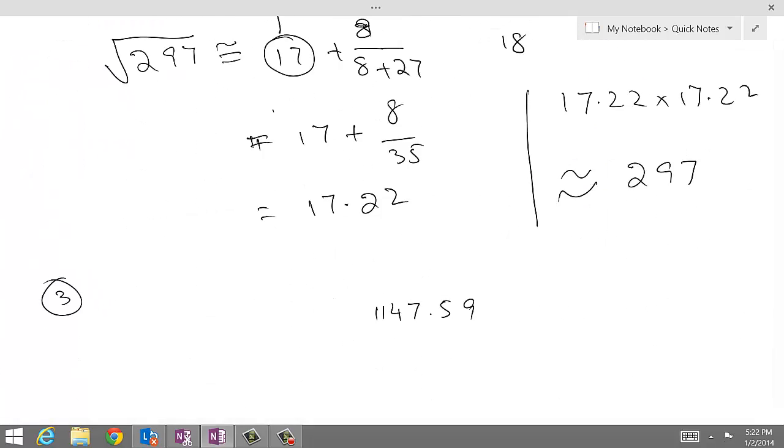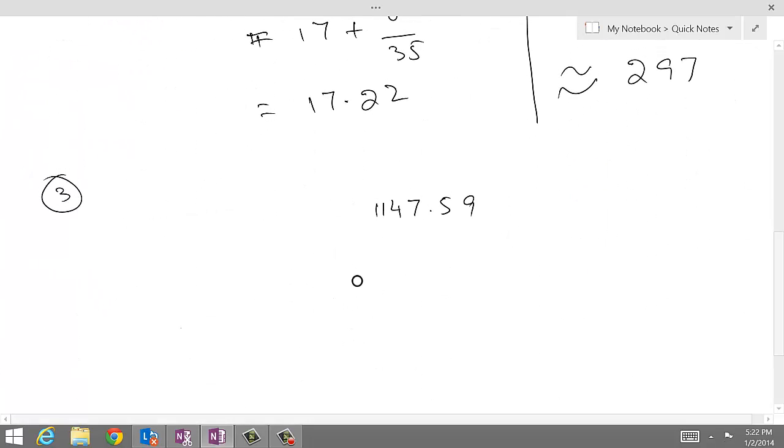But if we want to find the closest perfect squares on either side of 1147, on the lower side it should be 1089, and on the upper side it should be 1156, because 34 times 34 is 1156, and if that is 34, then this should be 33.